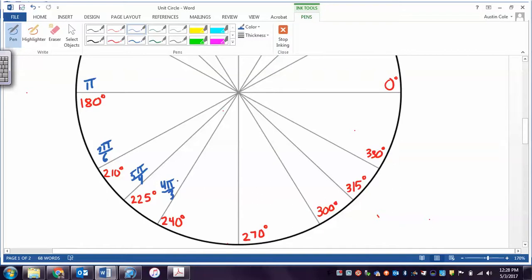Okay, 270. How many radians is 270 degrees? 3 pi over 2. Okay, there we go. All right, 300 degrees. 5 pi over 3.